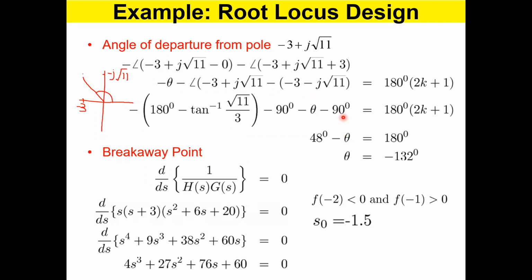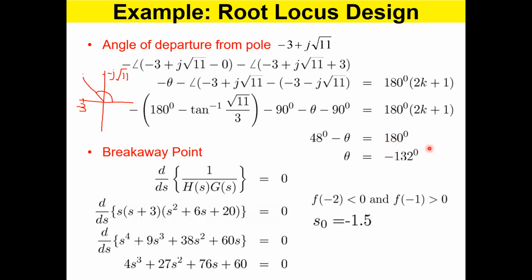Okay, so it is 90 degrees negative. So if you follow through, you will see this is 48 degrees minus theta, right? Then on the right hand side, 2k plus 1, you can remove that one, to get it without any revolutions around the origin. So then theta is minus 132.